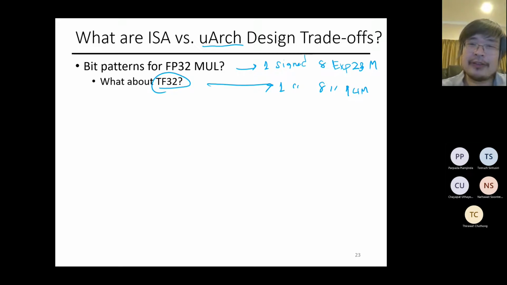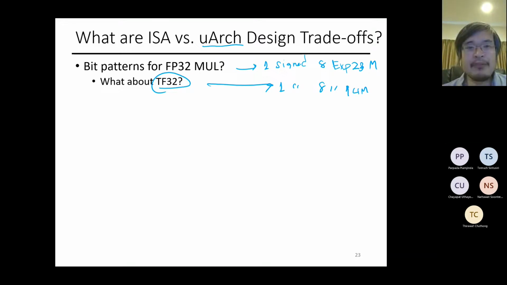So TensorFloat 32 is actually a design that works pretty well with things like machine learning workloads, because you don't need that much accuracy in terms of the number, right? You don't have to have the fine details of that floating point number that would require 30 mantissa bits, and it works well with machine learning.